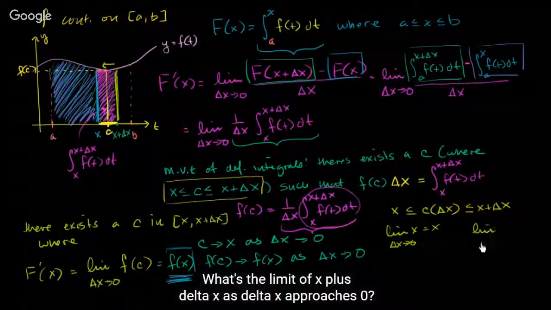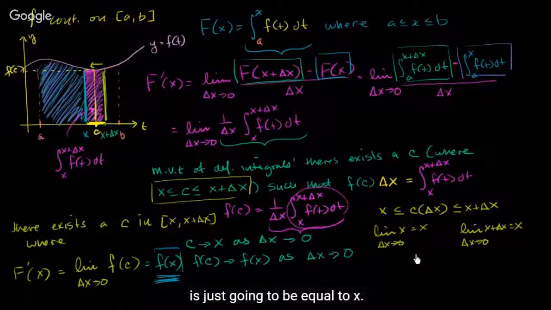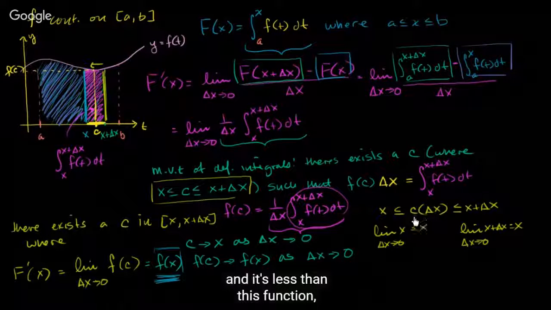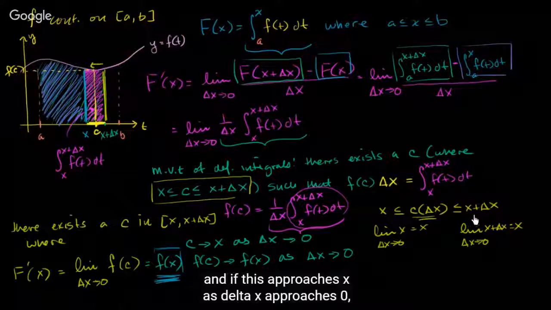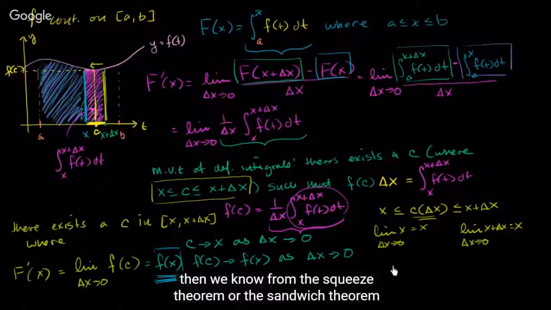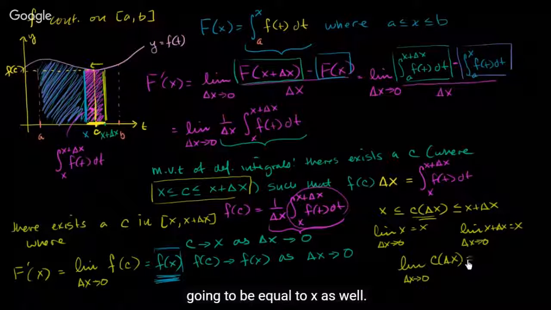What's the limit of x plus delta x as delta x approaches 0? Well, as delta x approaches 0, this is just going to be equal to x. So if this approaches x as delta x approaches 0, and it's less than this function, and if this approaches x as delta x approaches 0, and it's always greater than this, then we know from the squeeze theorem or the sandwich theorem that the limit as delta x approaches 0 of c as a function of delta x is going to be equal to x as well.